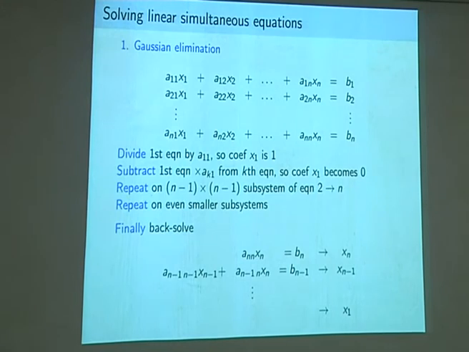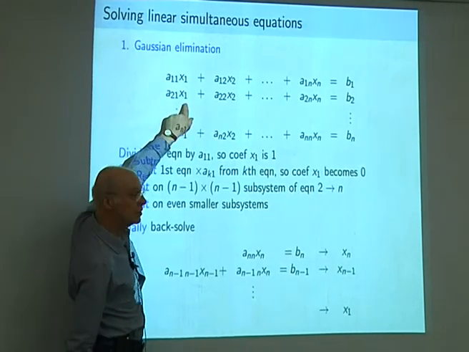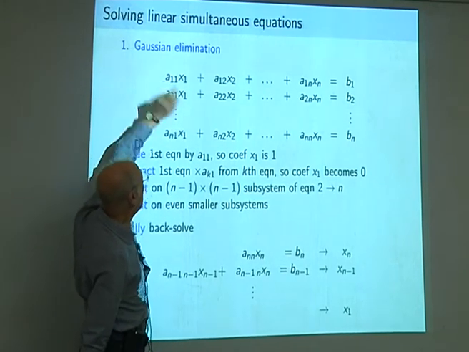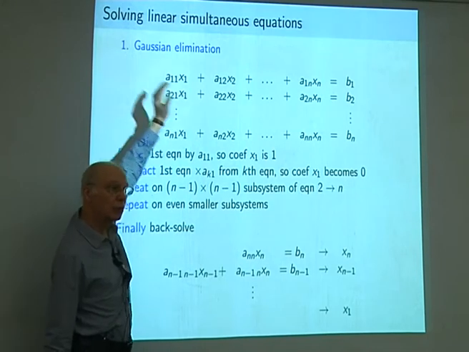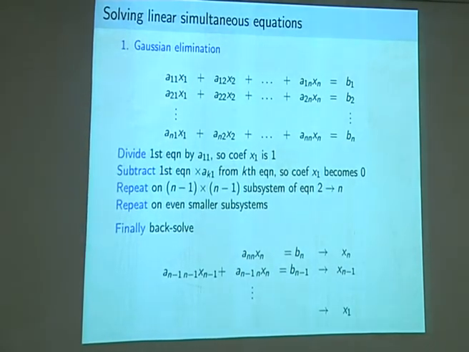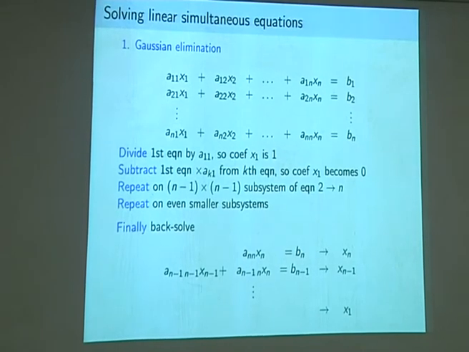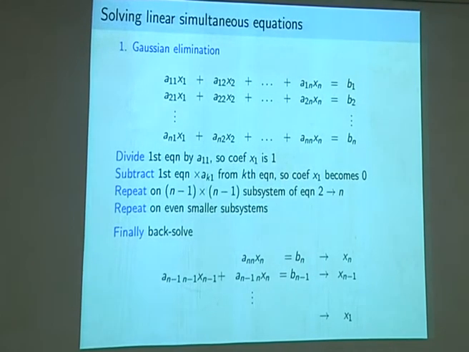And then you subtract multiples of the first line. You subtract from the second line. Now that this is 1, you subtract A21 times the first line all the way along. So if one equation is true and another equation is true, linear multiples of those equations are true.